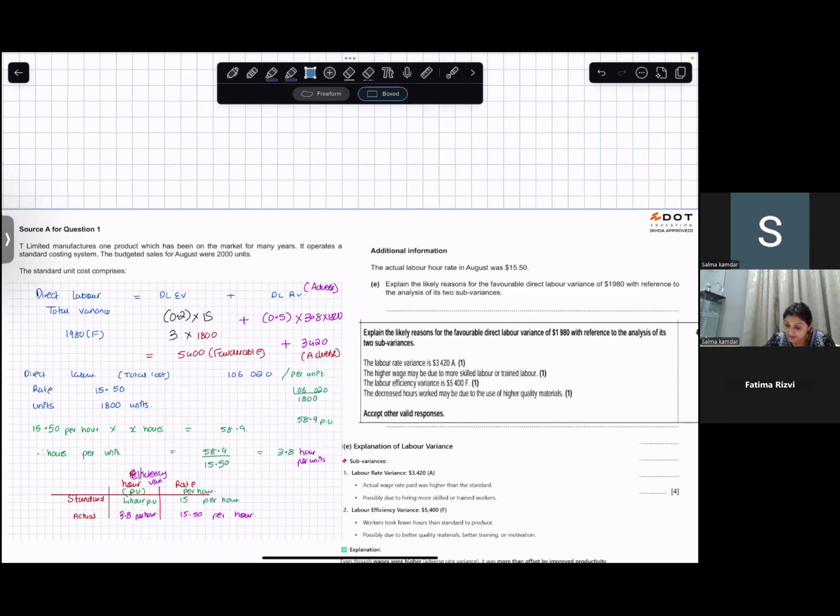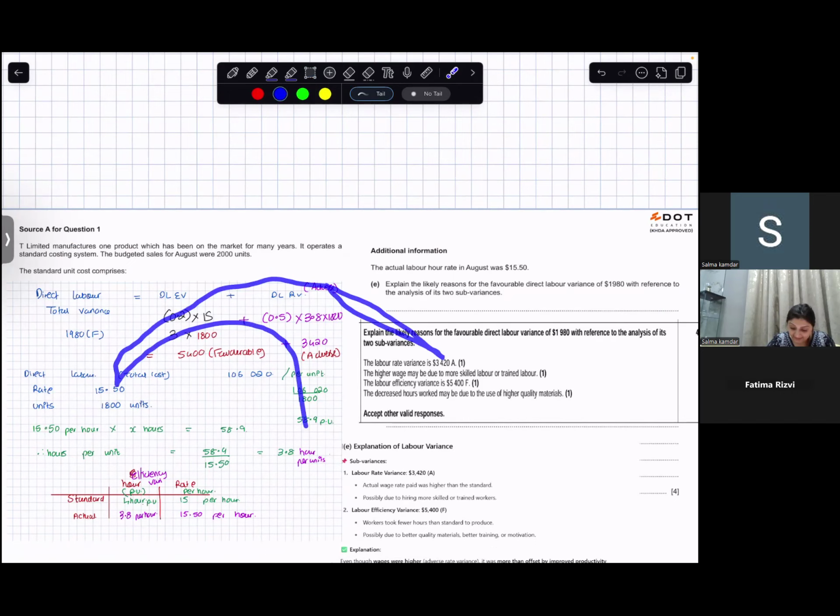So the rate variance is 3420 adverse, and you will give the efficiency variance, and you will show how you got the rate. You will give this working. So the laborers are charging higher rates per hour than expected, leading to an adverse variance.